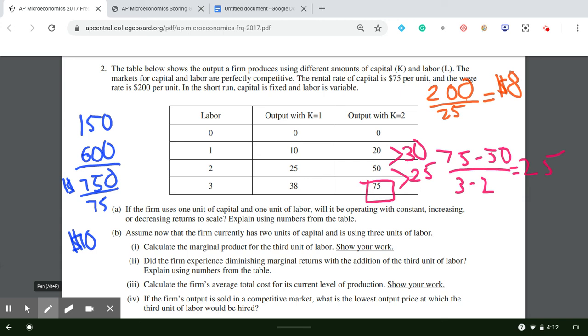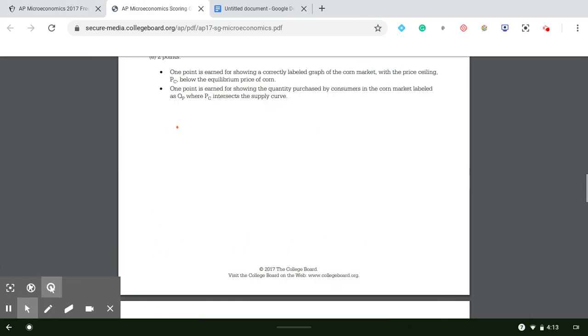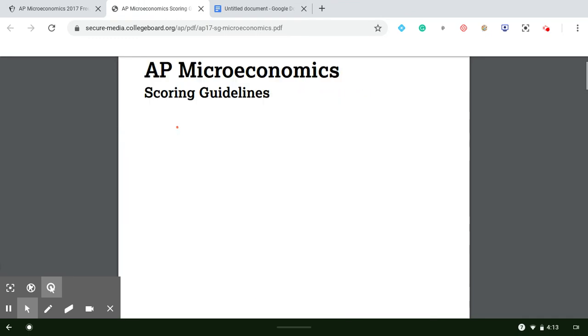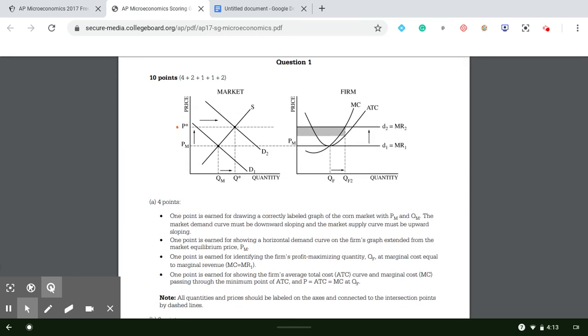Okay. All right, let's look at some answers here real quick. Probably should have done this right after the first FRQ, but we're backtracking a little bit. There's our market. You can see the demand increasing because the ethanol price is going up. Shows the demand going up. In the firm, the shaded region is the profit.